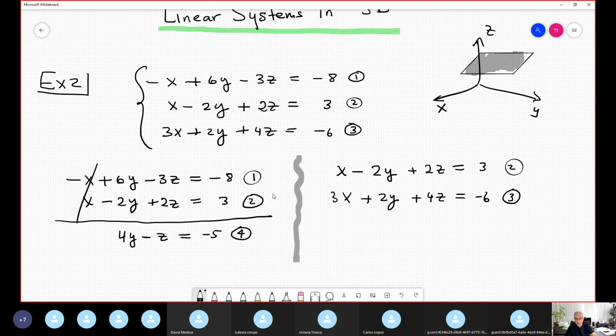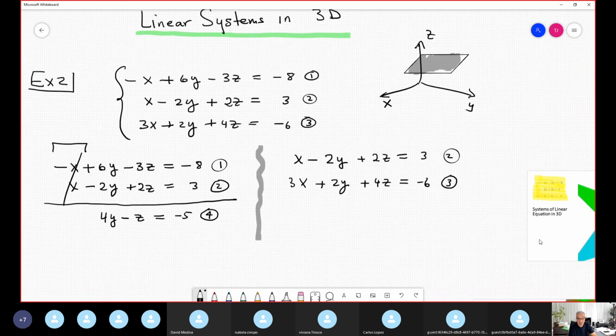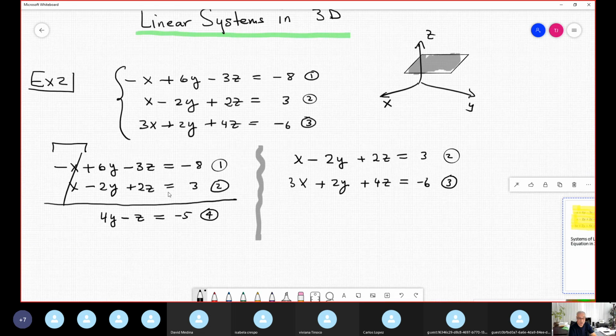But no, this is a mistake. Because remember, you eliminated x in the first couple of equations. It is mandatory that you eliminate the same variable. Okay? This is an important detail. I created this example to illustrate this idea very well. This is one I like. So you make one decision, you continue with the same problem.